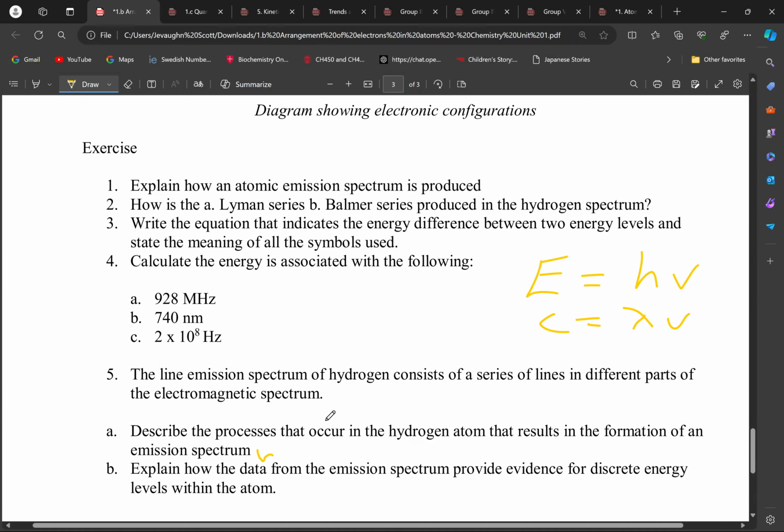Sir, because each band of light has a specific wavelength, the emission of the photon has to match that specific wavelength in order to produce that band of light. So it provides evidence for discrete energy levels, because if it does not match a certain wavelength, it will not produce light in that wavelength.